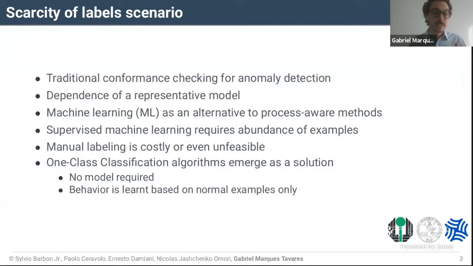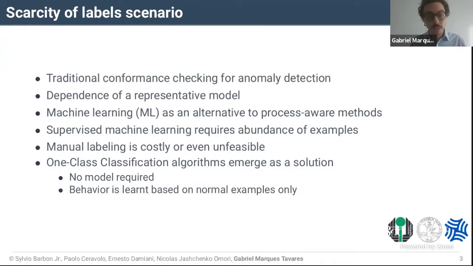As I said, our work is based on a scarcity of label scenario, and the traditional conformance checking is always relying on the comparison of the event log and the process model. But this raises a problem, that it's always depending on a good representative model. We know that conformance checking techniques are very precise, mainly alignments, but relying on representative models could be a problem since in reality, many times good models are not available.